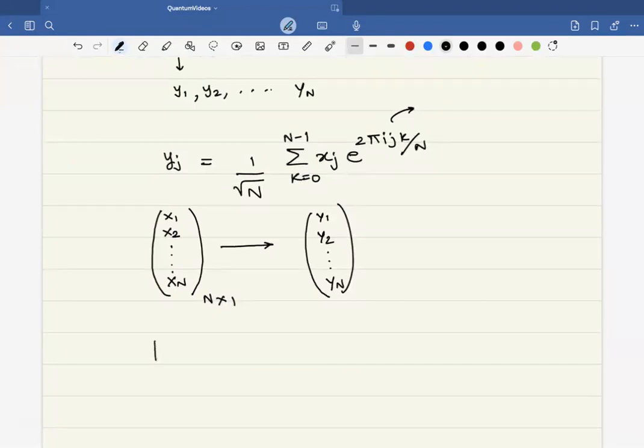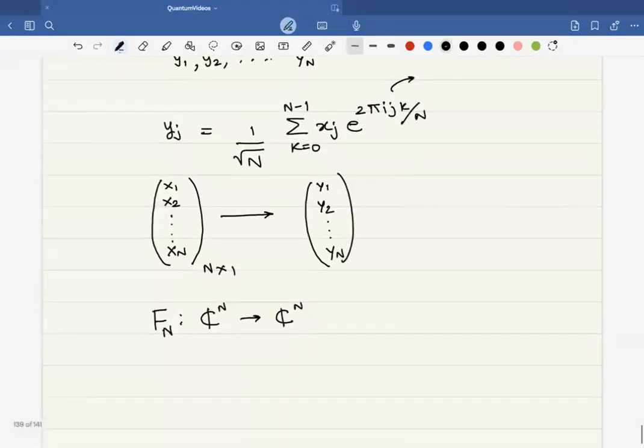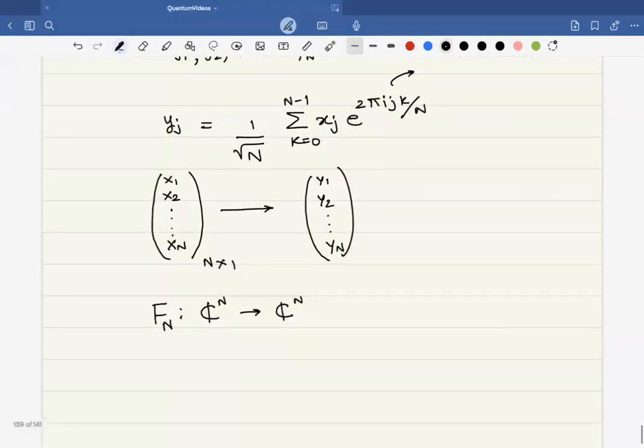So I'll label the n-dimensional Fourier transform Fn, as a transformation from Cn to Cn. And one can show that Fourier transform is a linear transformation.